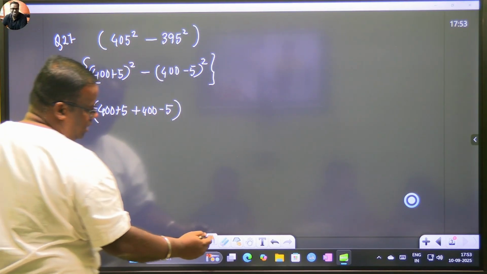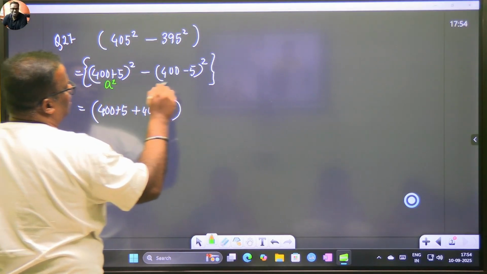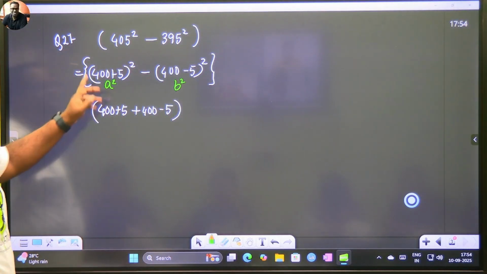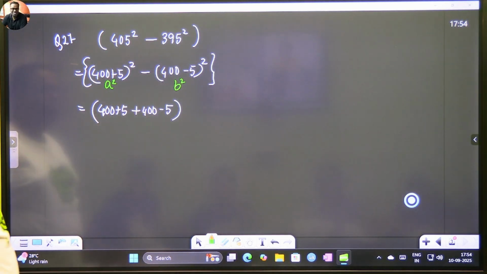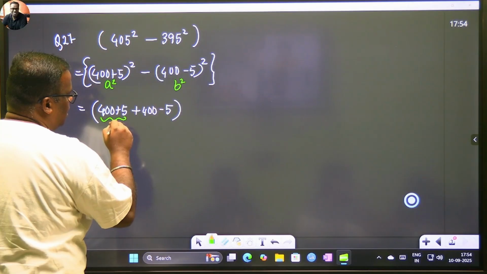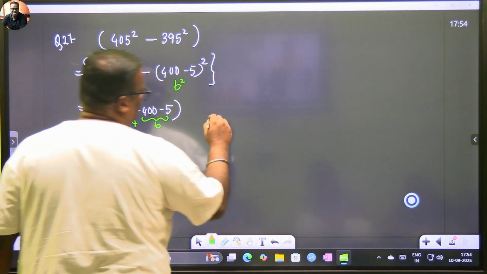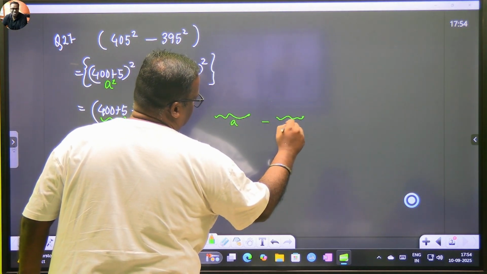Did you understand this process? This whole thing is a square. This is b square. So I am doing a plus b: 400 plus 5 plus 400 minus 5. So what did I do? I did a plus b, and now I am supposed to do a minus b. So let's do that.